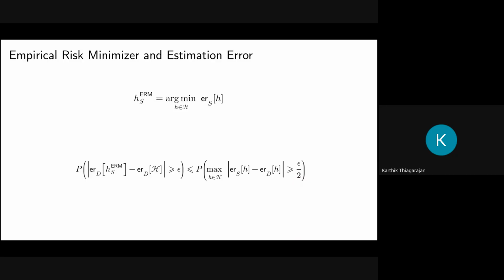So all that we have proved before concerning finite and infinite hypothesis classes with finite VC dimension can now be carried over, and we can show that the estimation error is also bounded. Or so the test error of your ERM is close to the test error of the best possible classifier. So that's what we have shown.